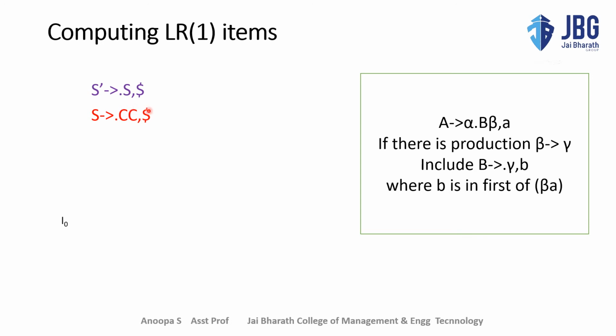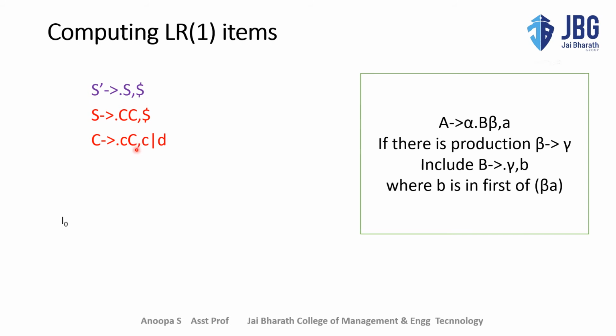Once more, how I got dollar here: this is the production from which we wrote this. So we have to take first of beta a. Here the beta part is epsilon, a is dollar, so first of beta a is dollar. That is why I have included dollar. Now in this we have a dot before capital C, so I have to include the productions with C. That is why I am including the production C giving dot cC.